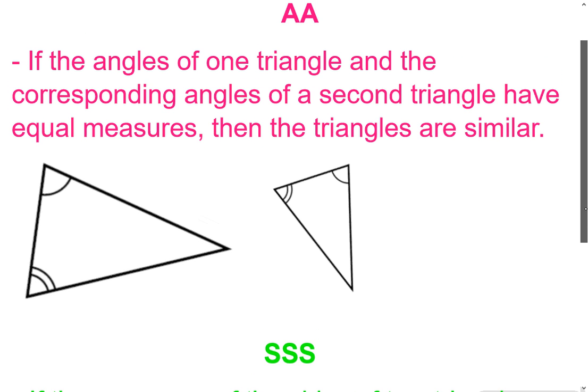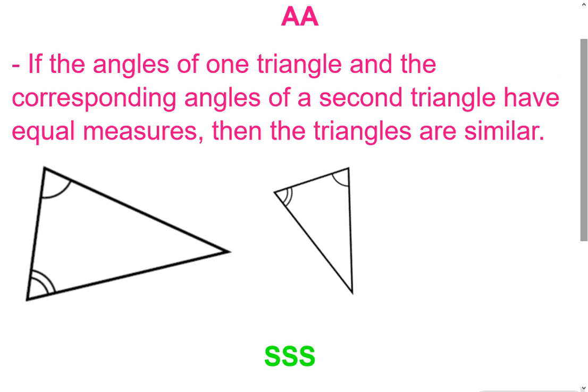So the first one is called the AA Similarity Theorem, and it says that if the angles of one triangle and the corresponding angles of a second triangle have equal measures, then the triangles are similar. Now, it does say all of the angles, but really we only have to check two of them.